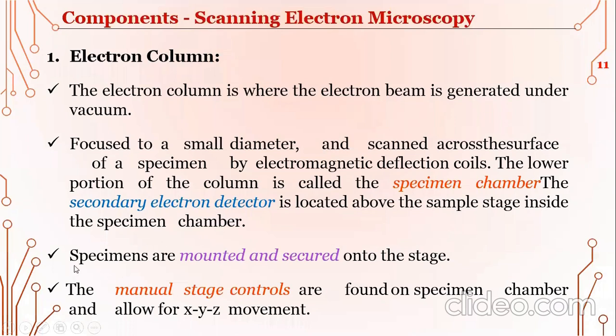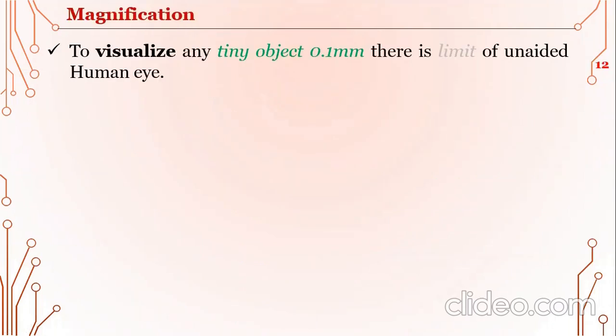The specimen is mounted and secured on the stage. Manual stage controls on the specimen chamber allow XYZ movement so the sample can be monitored. There is a limit to the unaided human eye, and that is the limit for the human eye.